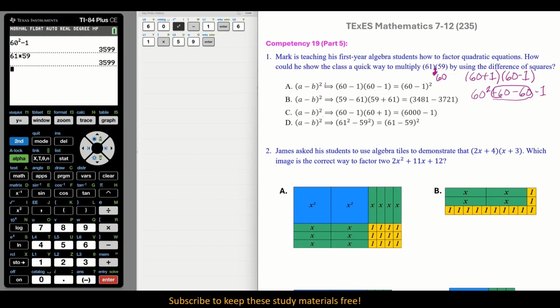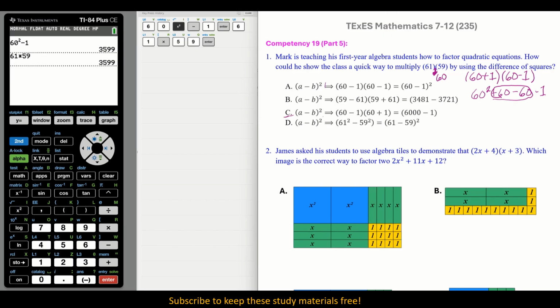Okay, so our options all begin the same with the difference of squares, basic general equation, and looks like what we wanted was a 60 plus 1 and 60 minus 1.